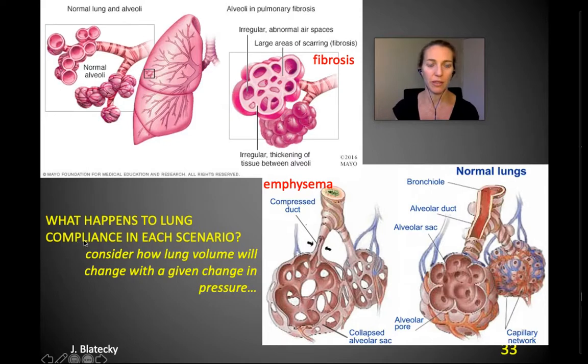I want you to think about how I defined compliance and see if you can predict whether compliance will go up or go down in these two situations. Consider how lung volume is going to change with a given change in pressure.